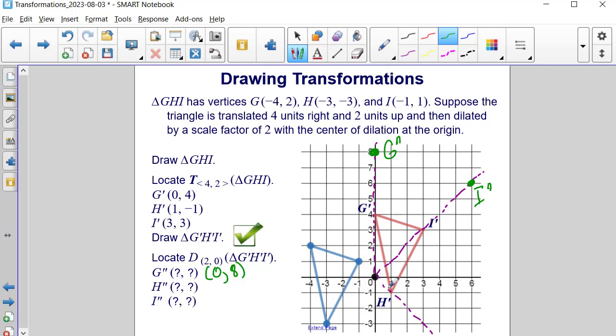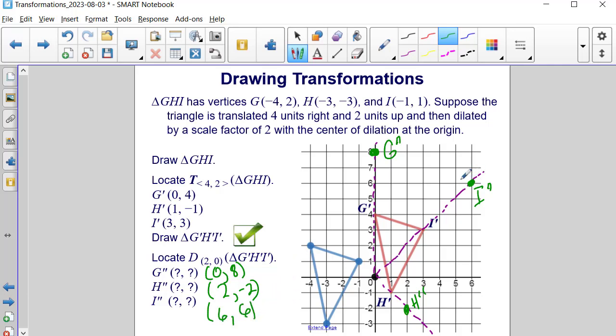So in order to get H double prime, we're going to go down 2 units diagonally to the right. So H double prime will be right there, and the coordinates for H double prime will be (2, -2). And the coordinates for the point I double prime will be (6, 6).